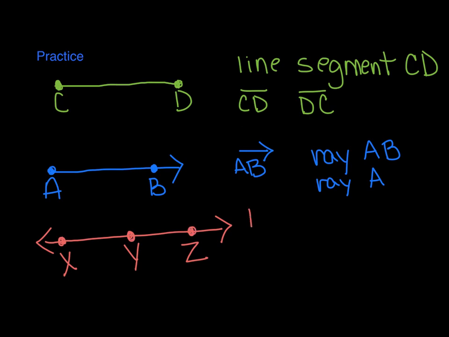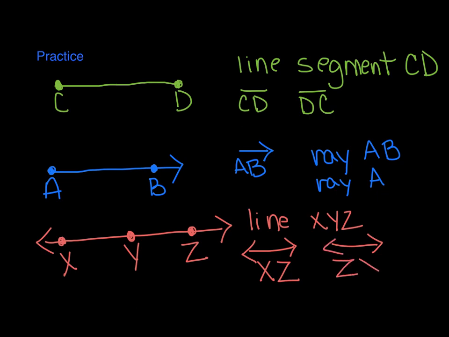Now, we could call this in word form line XYZ. We could name it line like this, XZ, or line ZX. Okay, you can kind of see how that works.